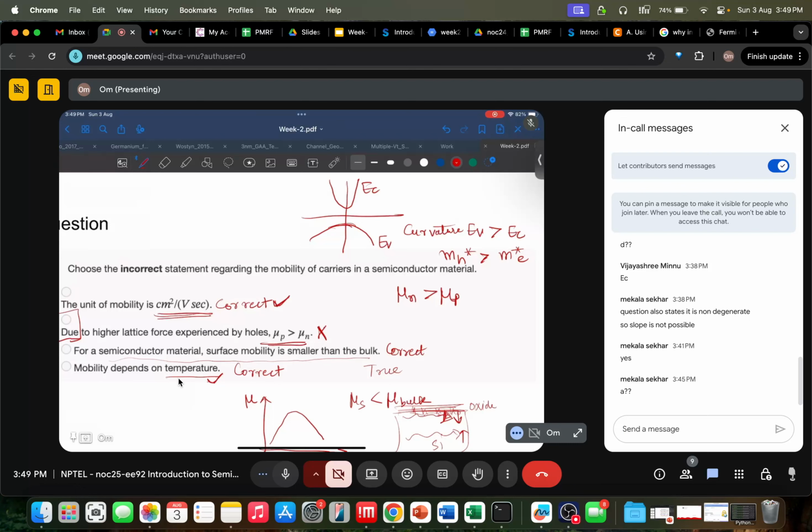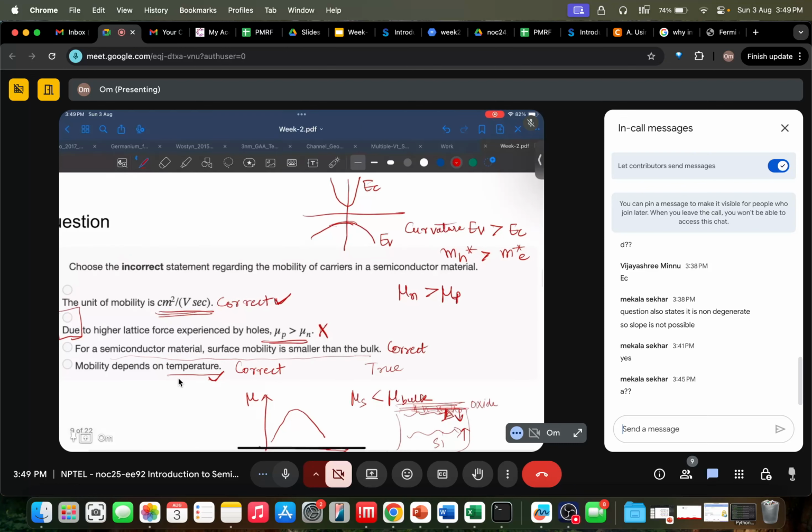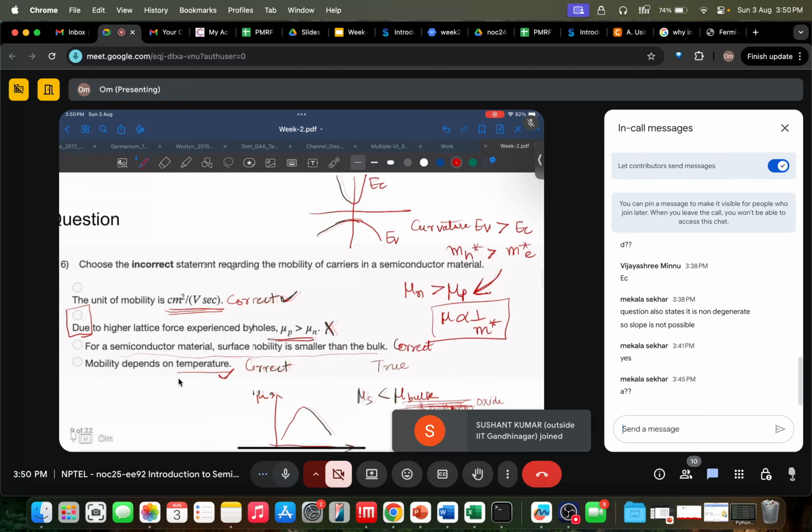And mobility directly depends on that. Therefore, this happens. So option B is the right answer.